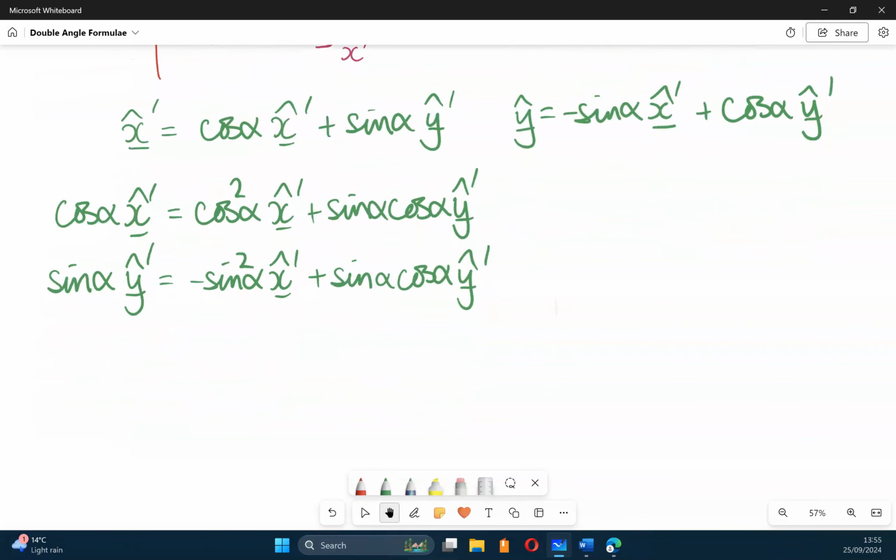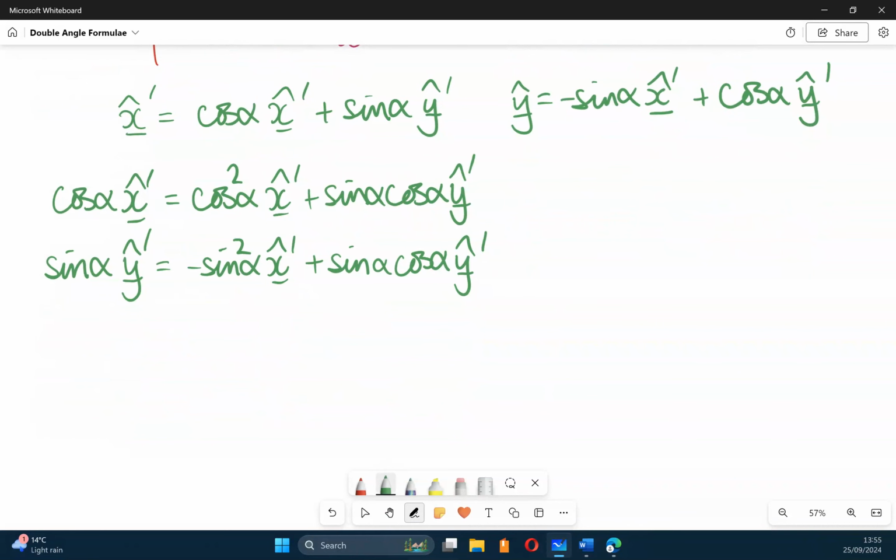Then what we can do is take one away from the other. So we've got cosine alpha x hat minus sine alpha y hat.